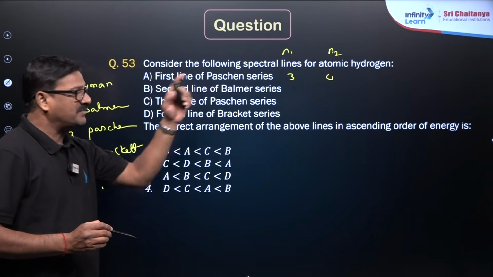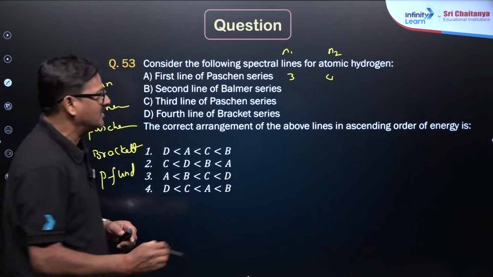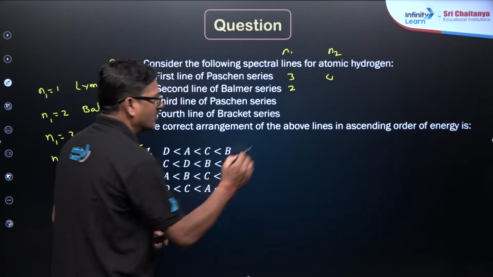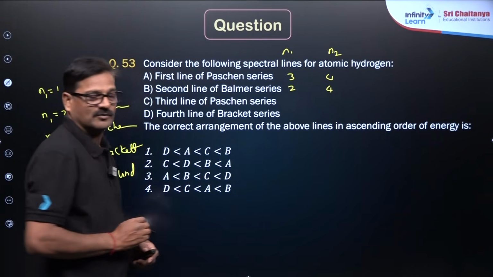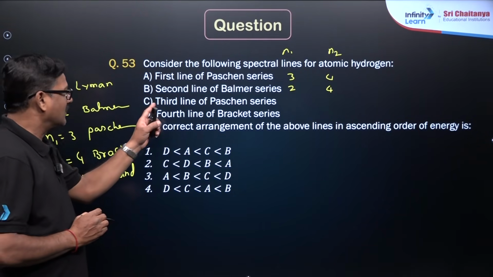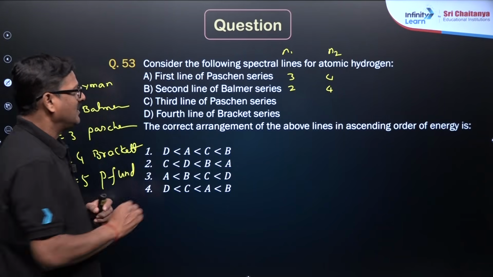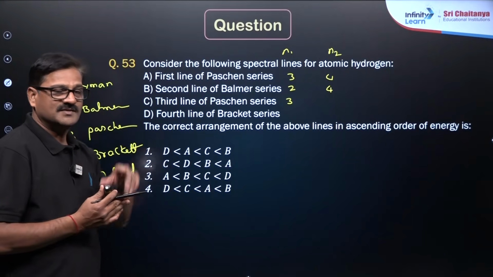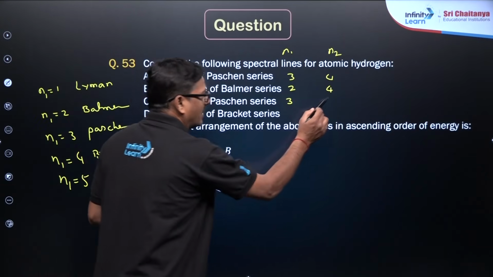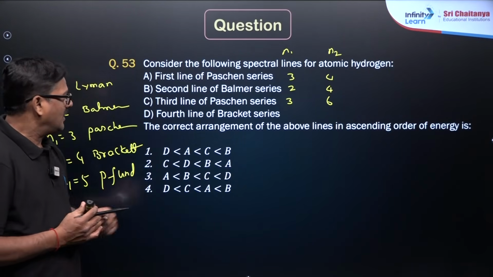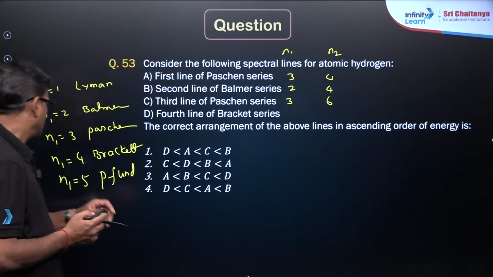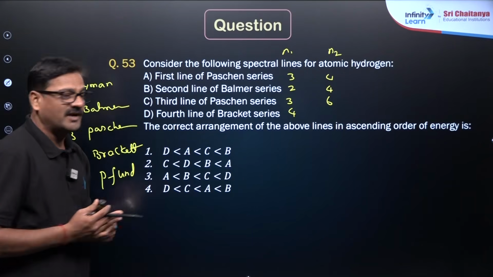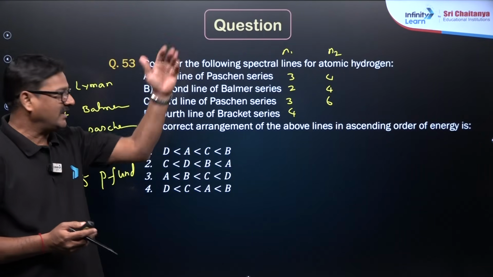Now for the second line in Balmer, the electron should come to n equal to 2 from 3, 4, so the n2 value is going to be 4. And for the third line of Paschen, again the n1 value is 3 and the third line means 4, 5, 6, so n2 is 6. And for the fourth line of Brackett, the n1 value is 4 and the fourth line means 5, 6, 7, 8.